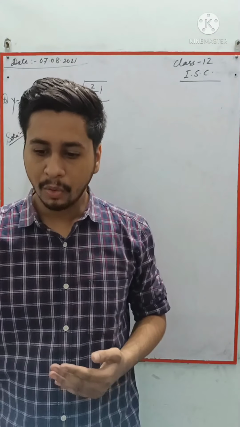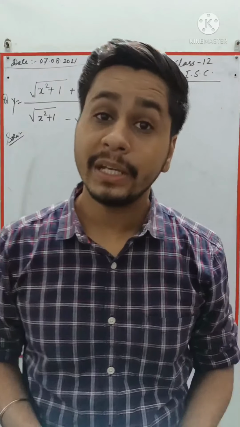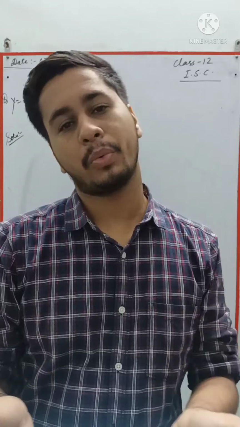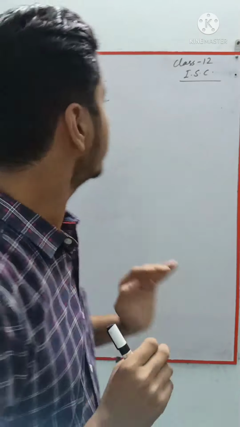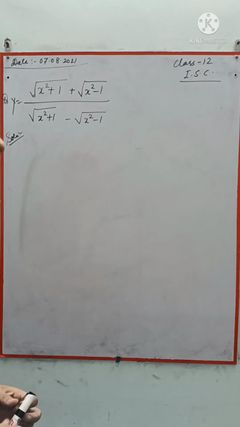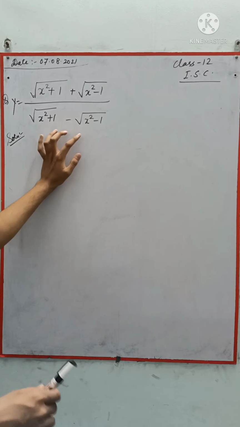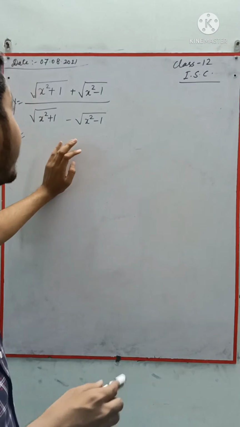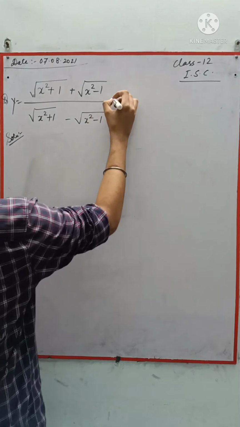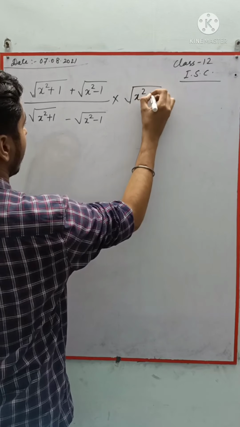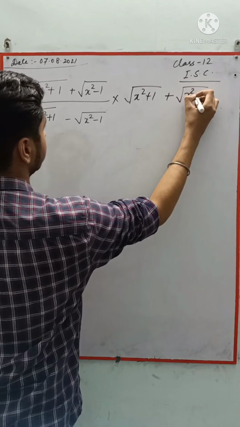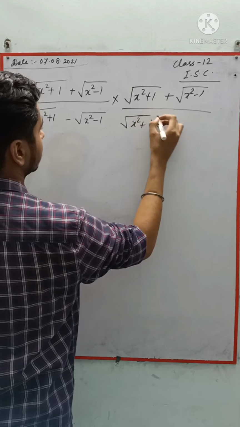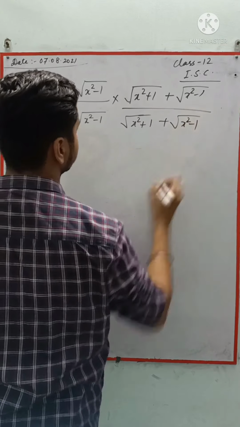So from now in this chapter and also in integration, we will be trying to simplify our question in a much easier way. So here what can you see, can we rationalize the denominator so that things will be somewhat simplified? So let's rationalize. So after rationalization, your second step will look like this, isn't it?